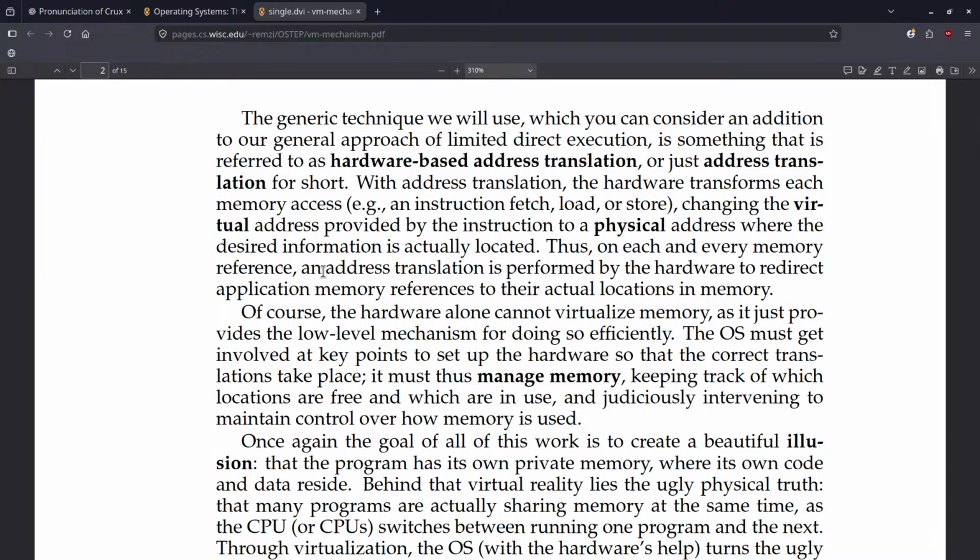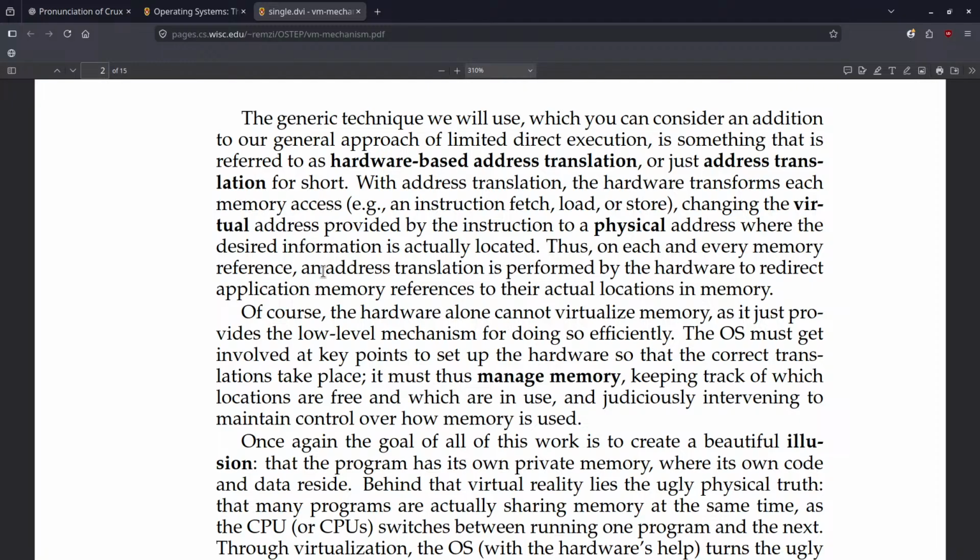The generic technique we will use, which you can consider an addition to our general approach of limited direct execution, is something that is referred to as hardware-based address translation, or just address translation for short.